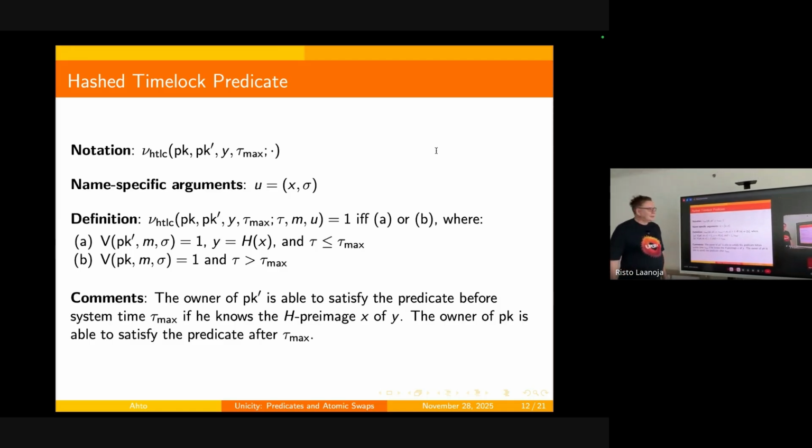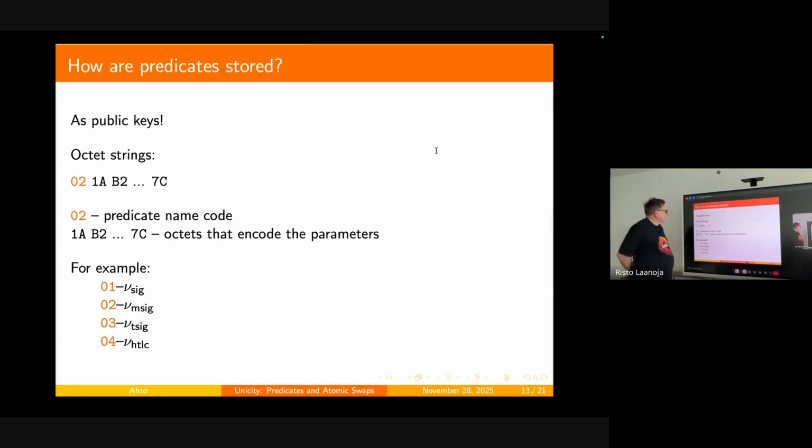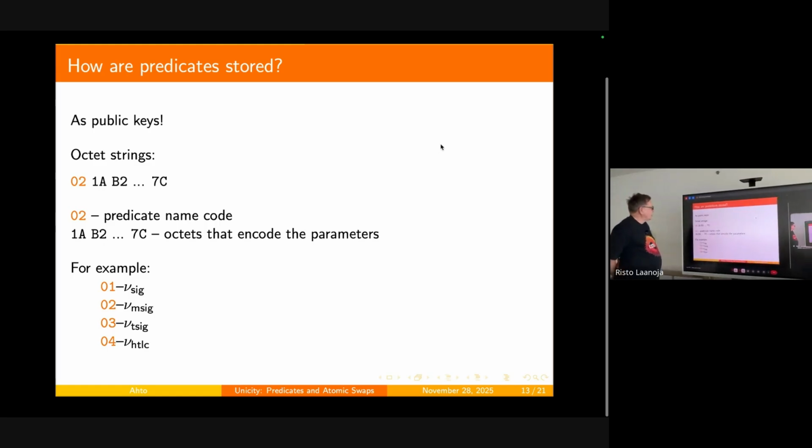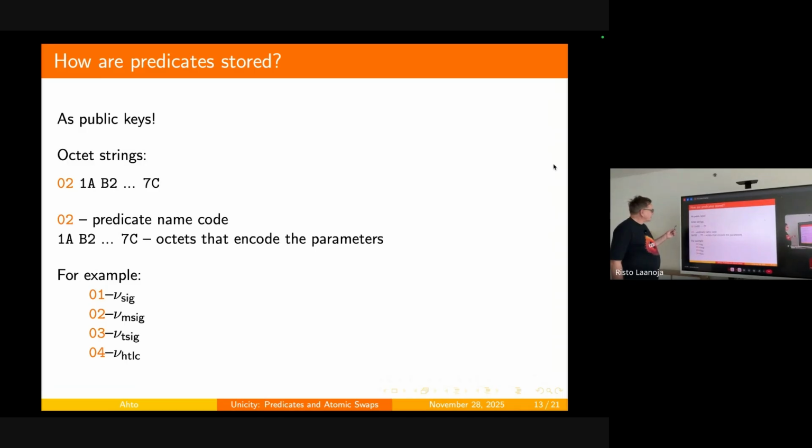Okay, so these predicates can be combined, and we will not talk about this kind of atomic swaps today. So you may ask, how are predicates stored? Predicates are very much like public keys. They can be encoded as, say, octet strings.